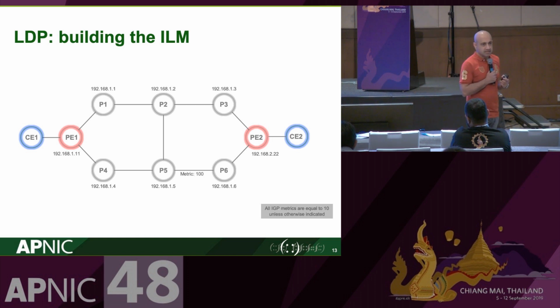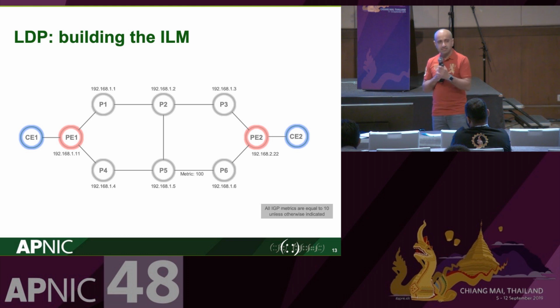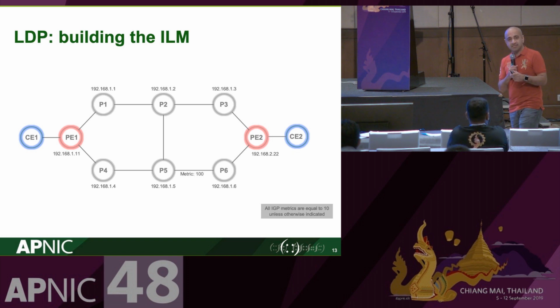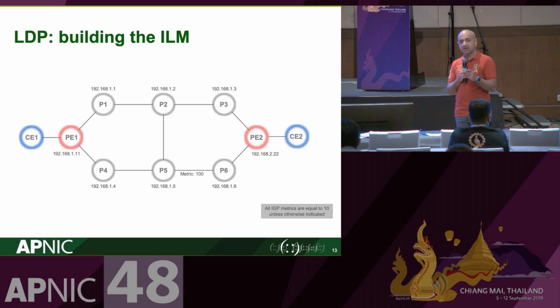The way it's done is by using a protocol that is called some sort of a label distribution protocol, a protocol that distributes labels. So one of those protocols is LDP, which stands for Label Distribution Protocol. So in this example, we'll see step by step how we build that incoming label map, which you will recall is the table that is used by routers to look up labels.